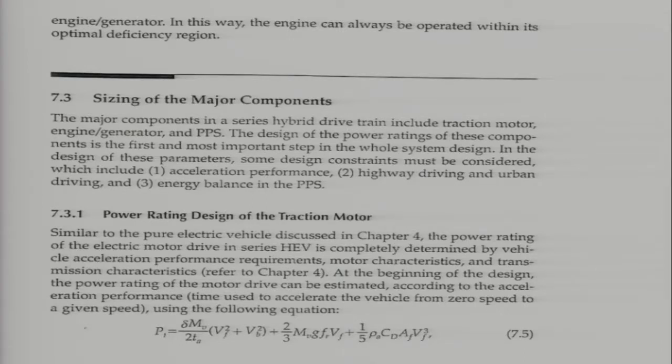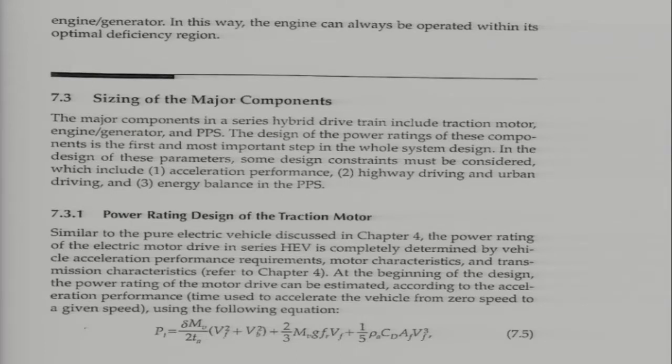The design of the power ratings of these components is the first and most important step in the whole system design. The important parameters to be considered, or the constraints, are acceleration performance, highway driving and urban driving, and energy balance in the PPS.